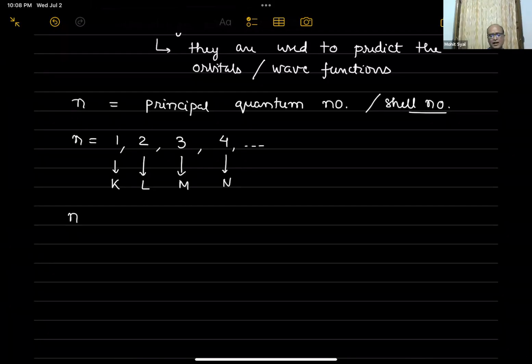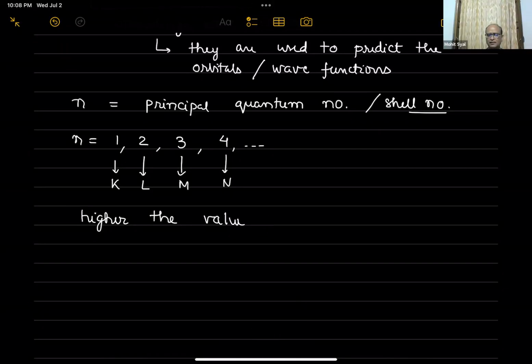Suppose you have a higher principal quantum number, what does it mean? In common language, the higher the value of n, the higher the shell number, the larger will be its size, right?